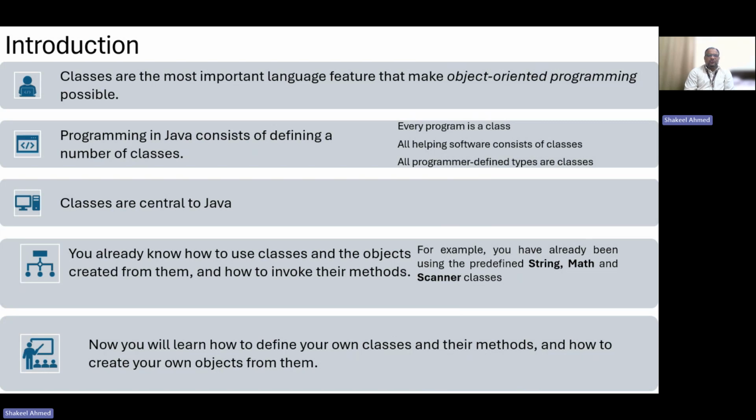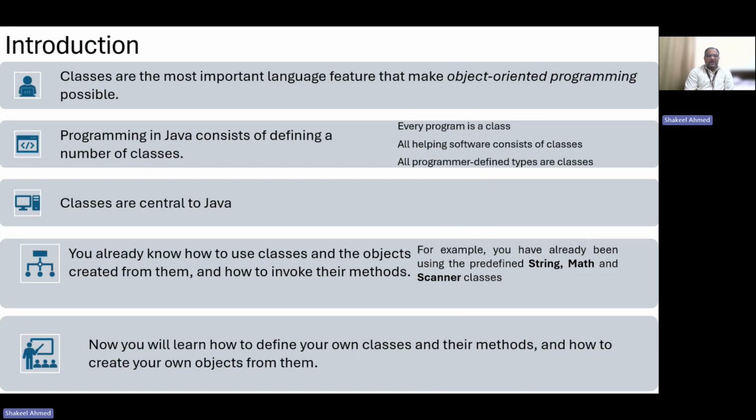Classes are central to Java, which is very crucial. If you want a Java program to run, you will have a minimum of 1 class. You already know how to use classes, create objects from them, and invoke their methods. In earlier weeks, we saw how to use classes like String, Math, and Scanner, and how we created objects, such as Scanner input = new Scanner.